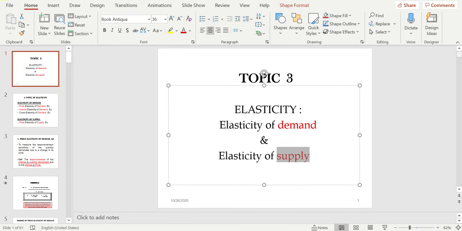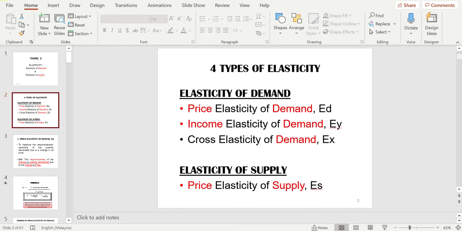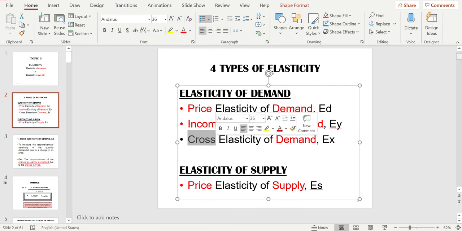Okay, for example, under the elasticity of demand, we have three types of elasticity. The first one is price elasticity of demand, the second one is income elasticity of demand, and the third one is cross elasticity of demand.